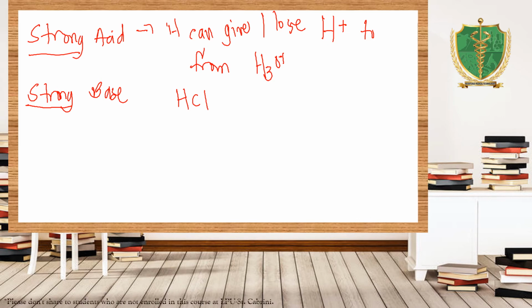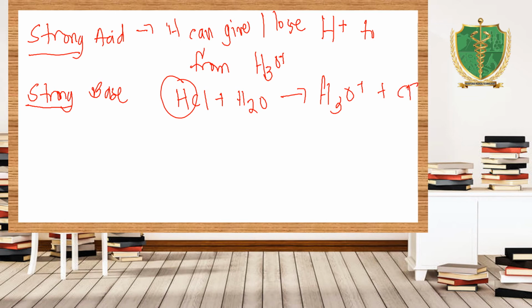Okay? Hydrochloric acid plus water. Ilan pong hydrogen ang meron sa hydrochloric acid? Meron siyang isang hydrogen. At kaya bang i-lose ni hydrochloric acid lahat ng hydrogen na meron siya? Yes. Ang sagot doon, guys, yes. Thus, it will produce hydronium ion plus chloride ion.